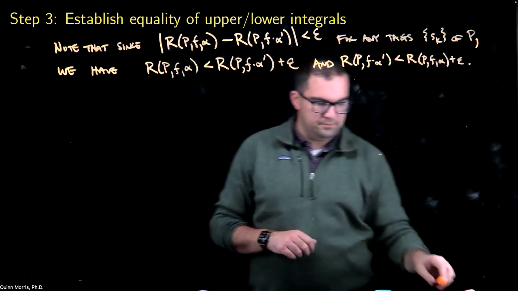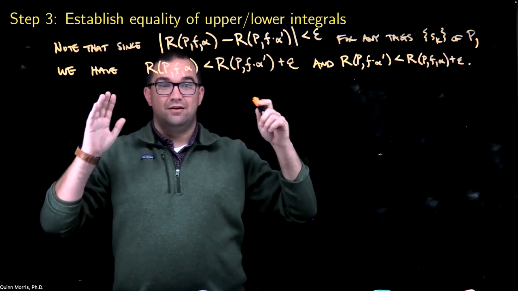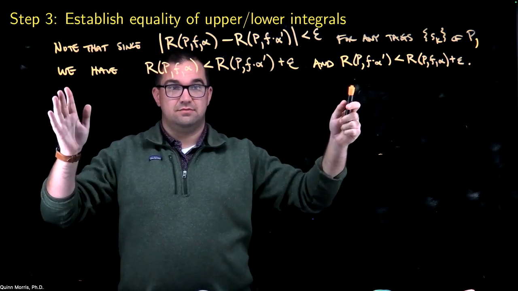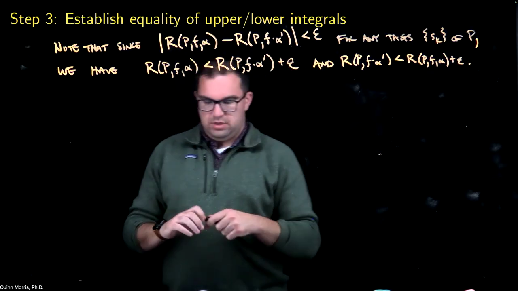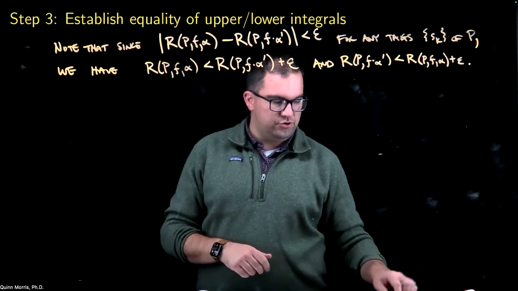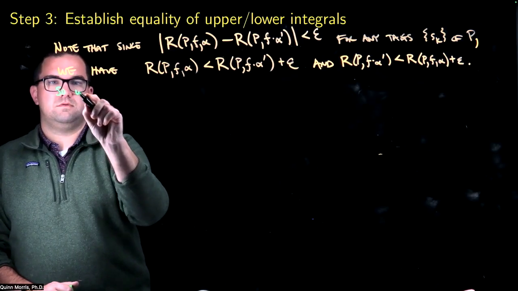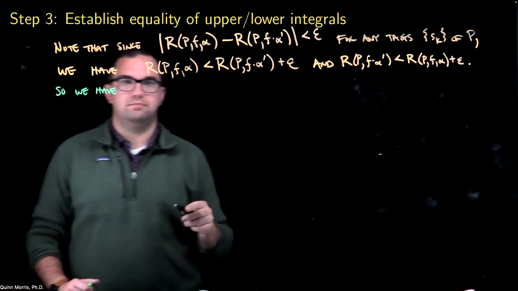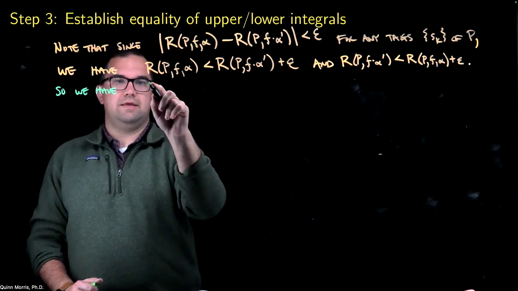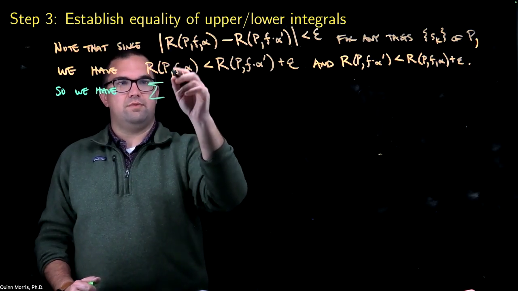All right. Now again, this works for any set of tags. For any set of tags, this holds and this holds. Well, if we think about expressing these in terms of their sums, right? So again, this is the Riemann-Stieltjes sum.